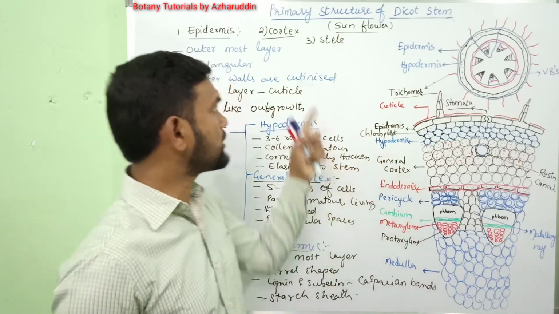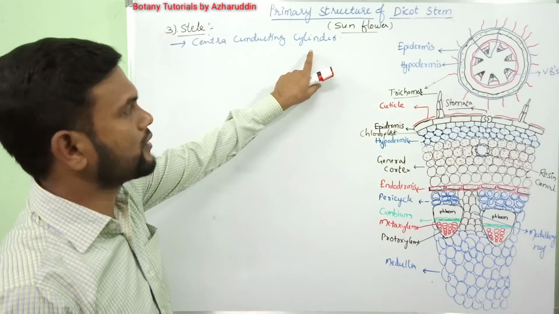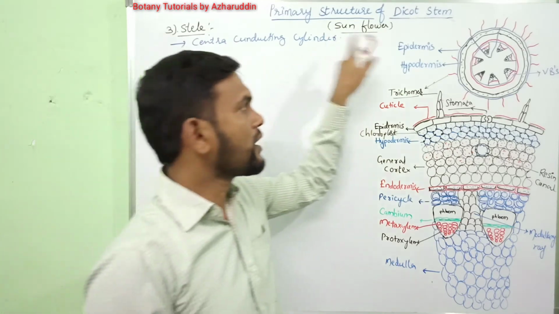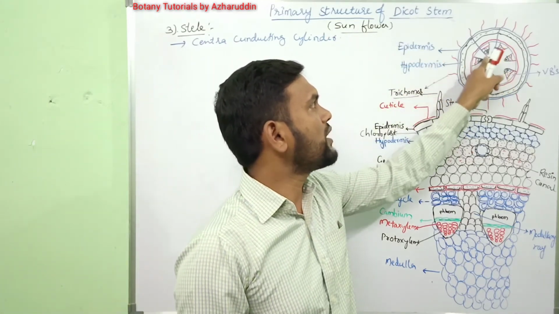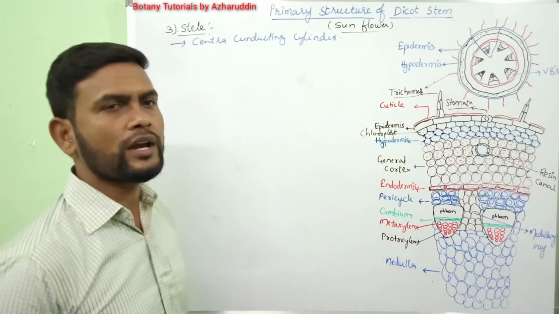Next, coming to the third part, that is stele. Stele is the central conducting cylinder, and it occupies a major part in the stem. This stele is composed of mainly 4 types of tissues.